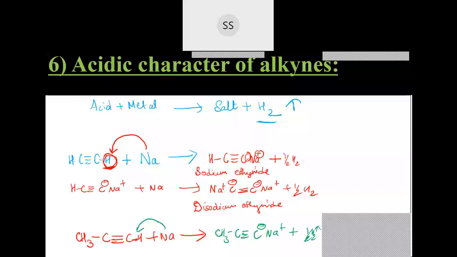Only the hydrogen on that carbon was removed. Here there is also a carbon with hydrogens attached to it, but nothing happened to them. That means the hydrogen attached here is not acidic in nature. The hydrogen attached to the carbon with the triple bond was found to be acidic in nature. I will tell you the reason why it is like that.